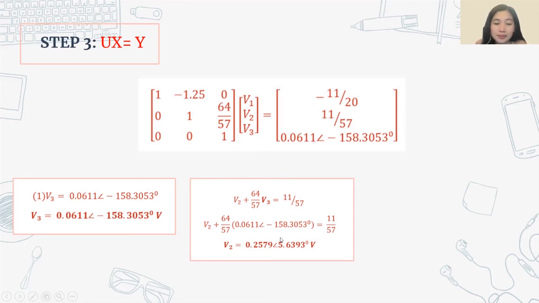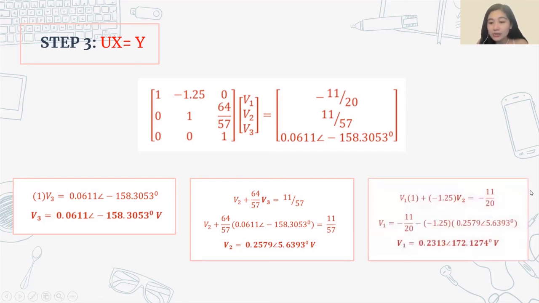So basically, by means of substituting V3, ilalagay natin dito yung value, i-multiply sa 64 all over 57, and i-minus natin from 11 all over 57, ang V2 natin has a value of 0.2579 at an angle of 5.6393 degrees voltage.